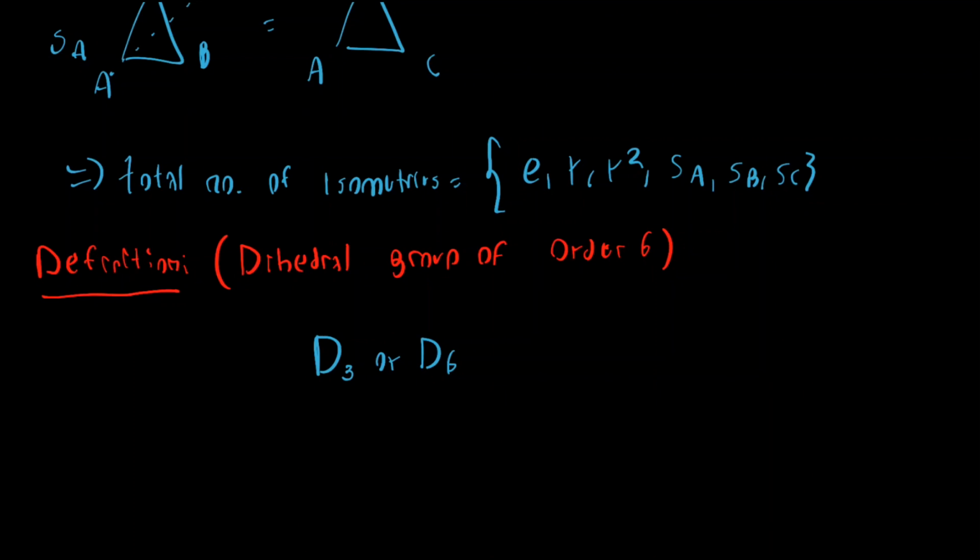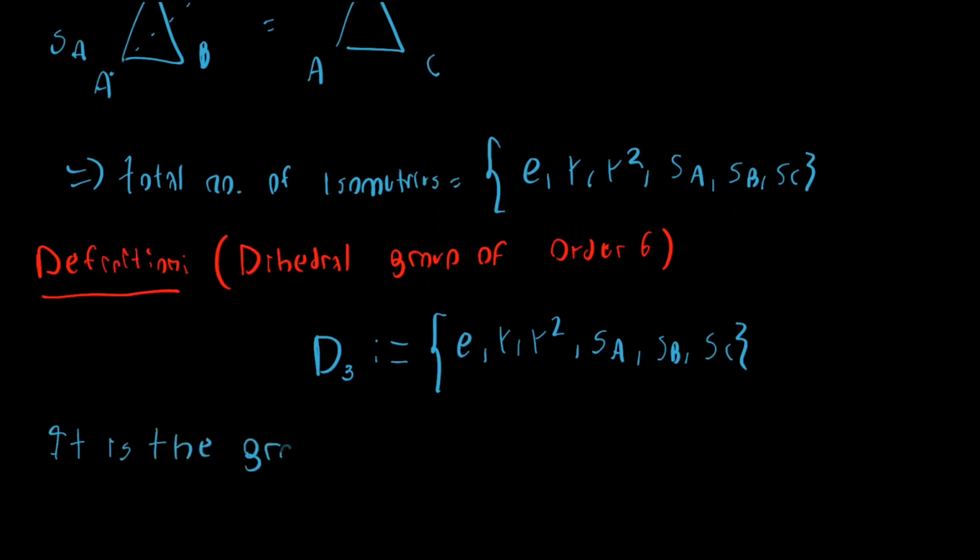We will stick with this convention here, but sometimes we could switch convention. I'll just say when we do. It's the following, as I said, the set of rotations and reflections, and of course that's order 6. And geometrically, as we explained before, it is the group of symmetries of an equilateral triangle.